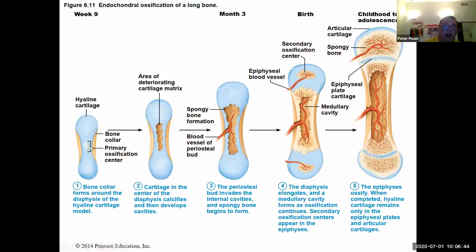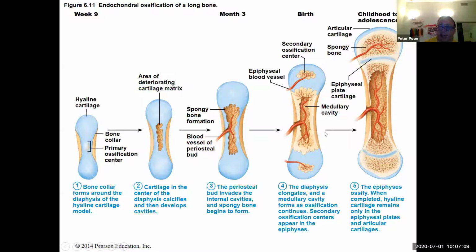The very center in the middle of the diaphysis will get invaded by cells. Remember, cartilage is mostly water, so it's easy to wiggle and chew its way into the center. They form the primary ossification center, right in the middle of the bone.